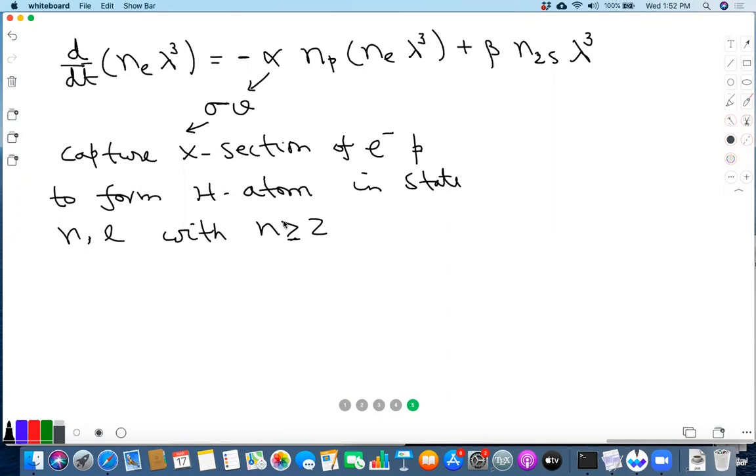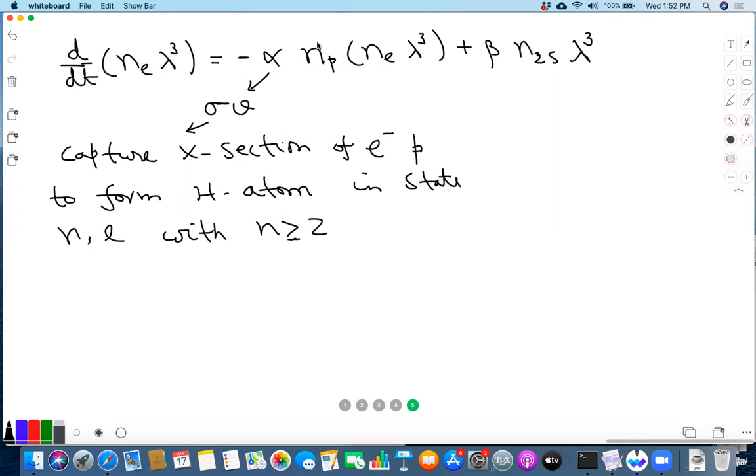Notice that I have not allowed the n equal to 1 state here. This is something that I had discussed last time, but we'll discuss it in more detail in a few minutes. So this is the total conversion rate of electrons into hydrogen atoms by forming H atoms in the nl state.